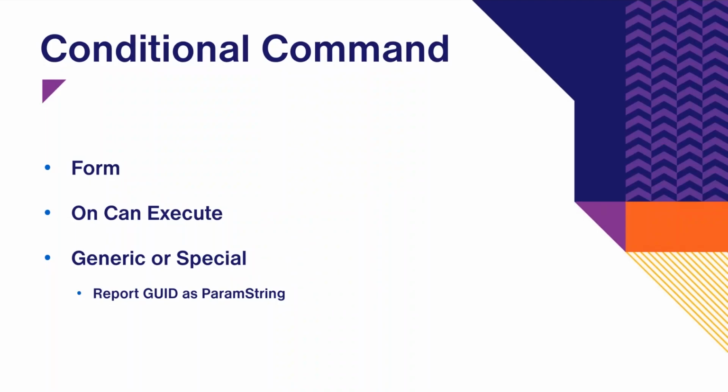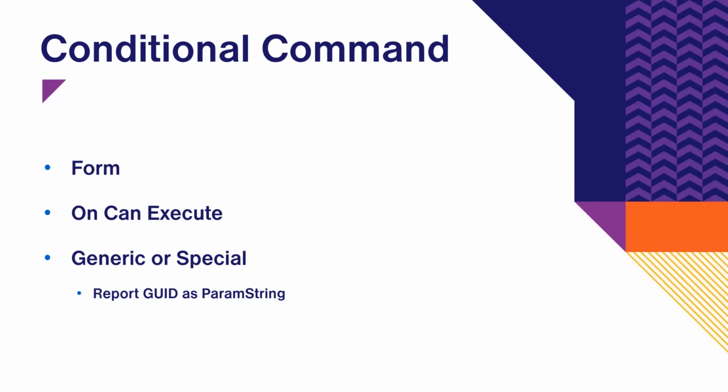Okay, now let's go to some advanced theory, and that is the conditional command. As I was saying, you can add the run mobile report command to, for example, a form. If you are familiar with the onCanExecute rule for a command, then you can use this rule to specify when the generic or the specific run mobile report command will be available to the user.